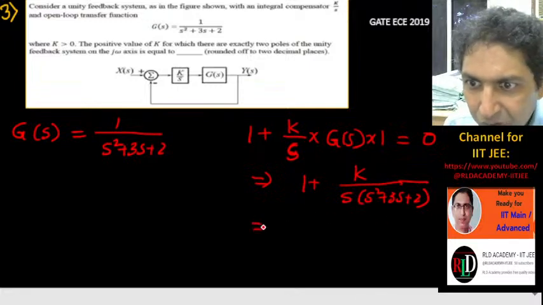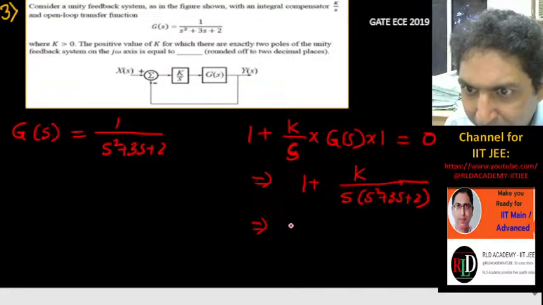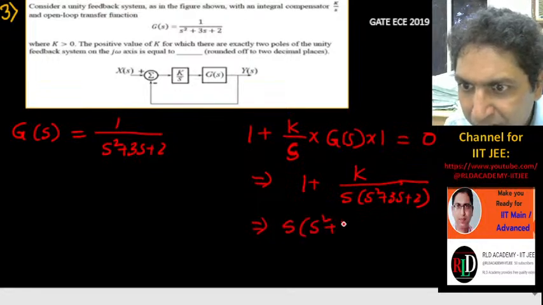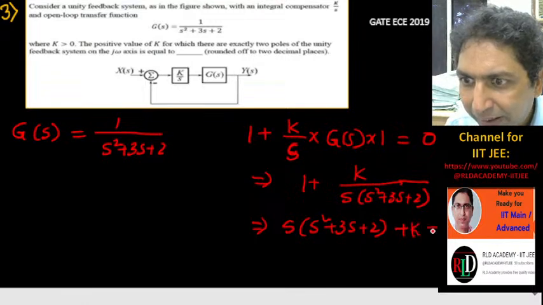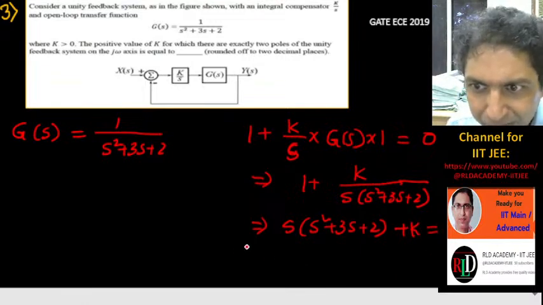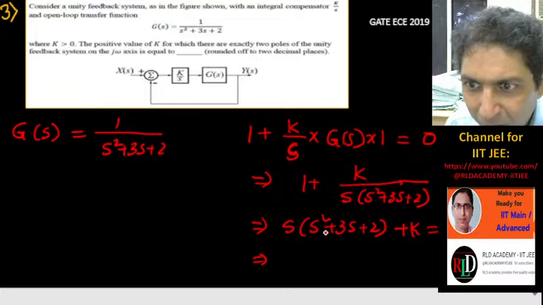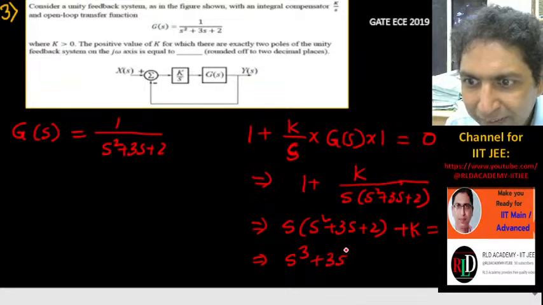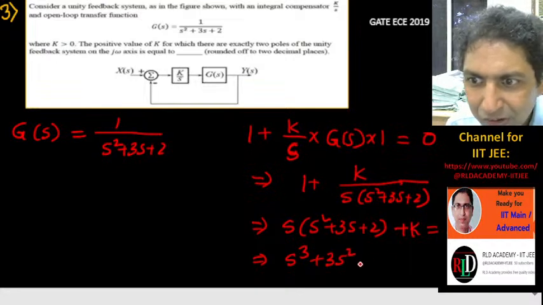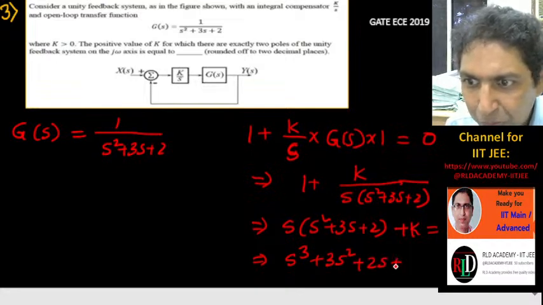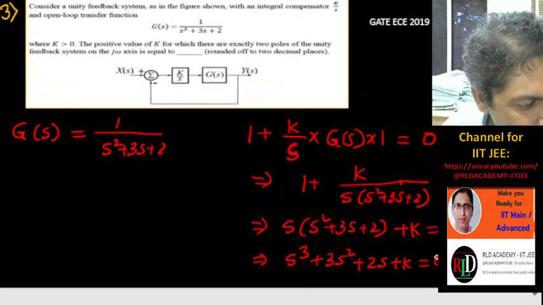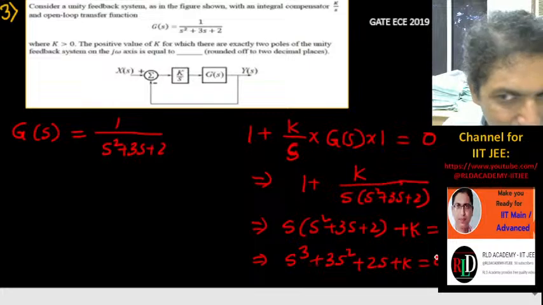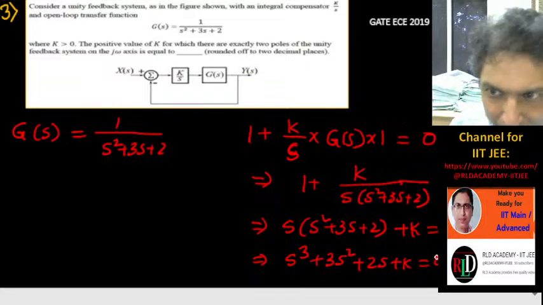Clear? Then I multiply: s into s square plus 3s plus 2 plus k equals 0. From here we get s cube plus 3s square plus 2s plus k equals 0. So this is the polynomial.